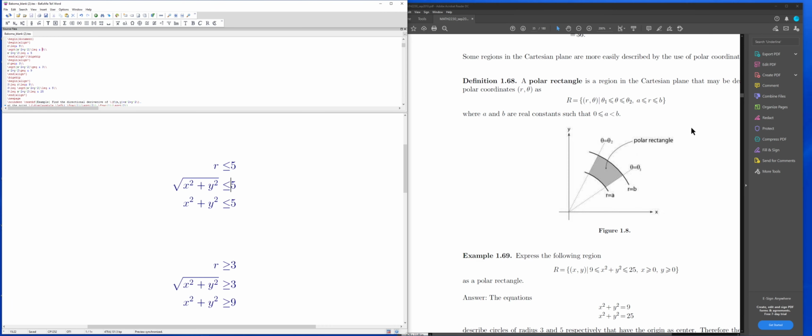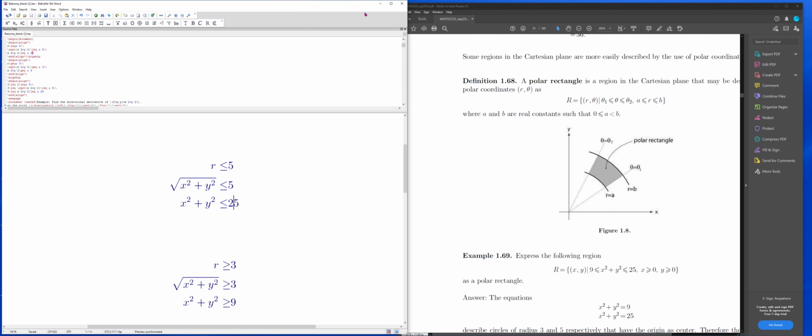Okay, so let's see if we could understand first of all what this r line between a and b means, right? Okay, so r less than or equal to 5, what we could do is use that r is equal to the square root of x squared plus y squared, so replace that there. Once I have this, I square both sides, and what I will get is x squared plus y squared is less than or equal to 25, right?